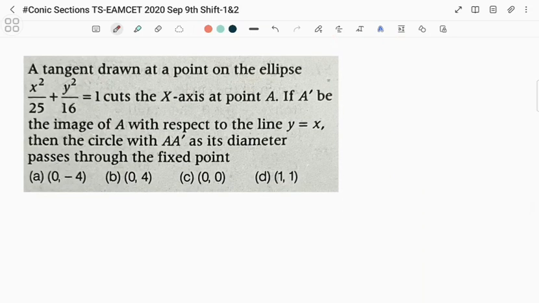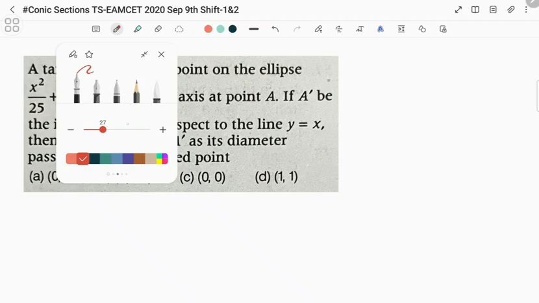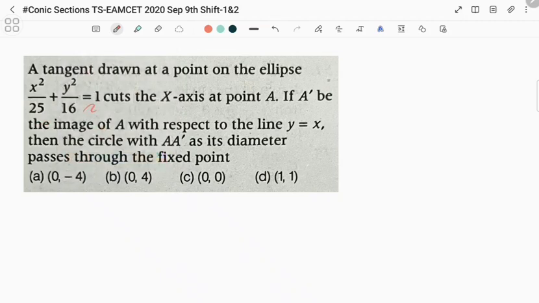In this, a tangent drawn at the point on the ellipse x square by 25 plus y square by 16 equal to 1 cuts the x-axis at the point A, and if A dash be the image of the point A with respect to the line y is equal to x, then the circle with A dash as its diameter passes through the fixed point.